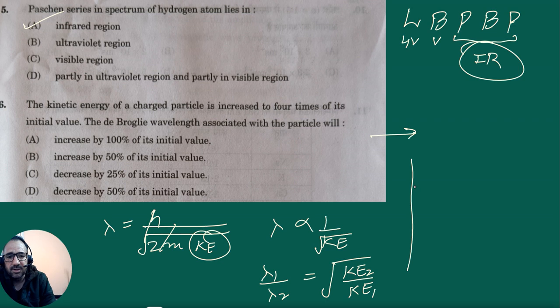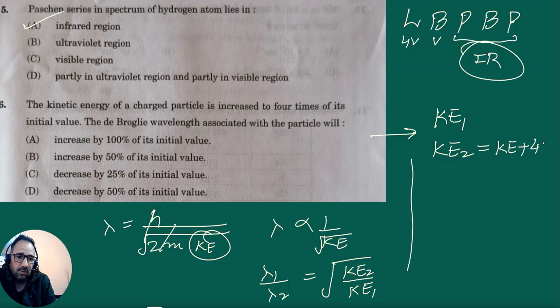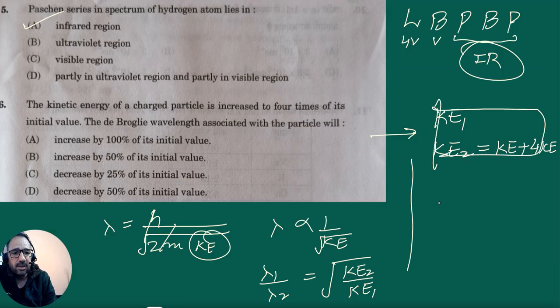Okay, so what is increased here? Kinetic energy is increased. It means the initial kinetic energy is the same, but the final kinetic energy K2 is increased. How much? 4 times its initial value. Okay, no need to solve this way, you can solve directly.